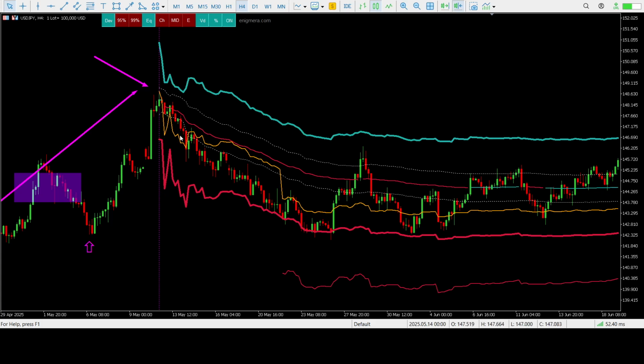So the market dropped here to the exhaustion line, checked again the equilibrium, dropped again to the bearish exhaustion line, and finally a break. This is a break.